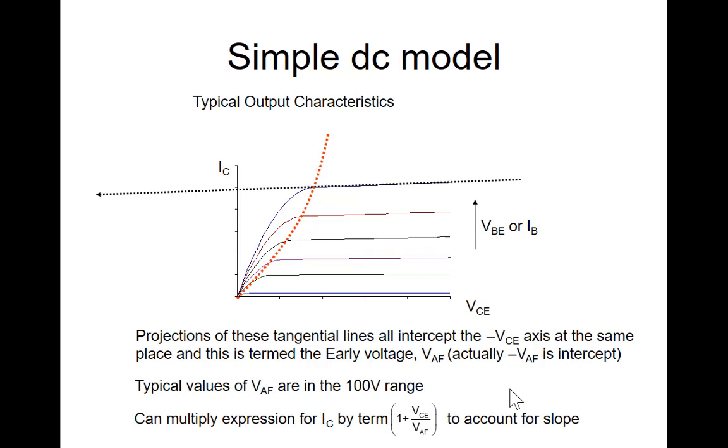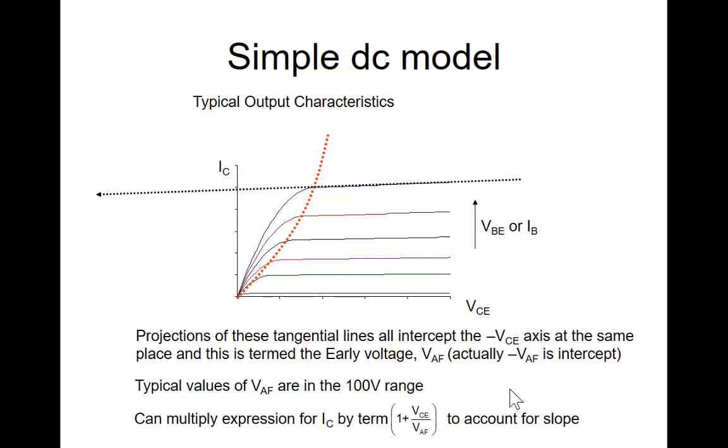And he observed that if you project a tangent line back to the second quadrant, all of these intercept the negative VCE axis at the same point. And hence that voltage became known as the Early voltage.